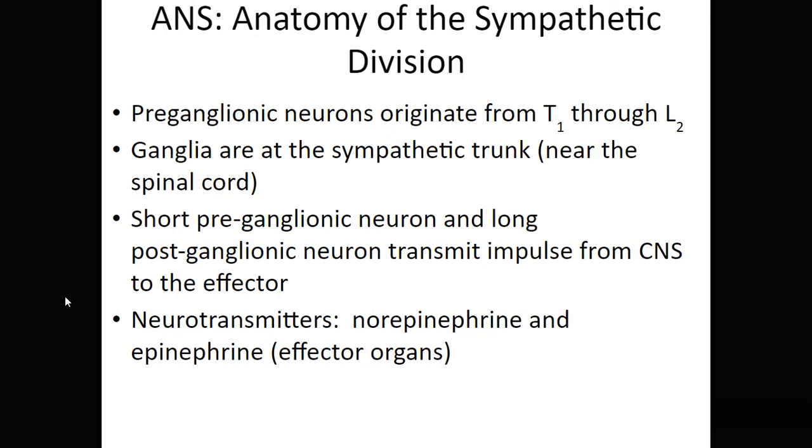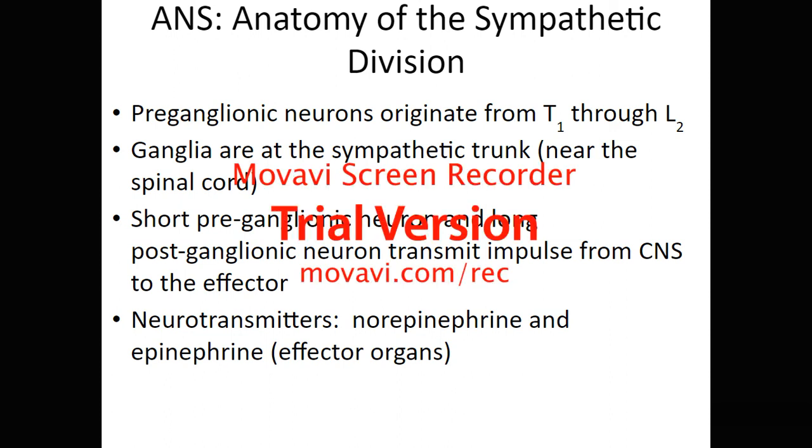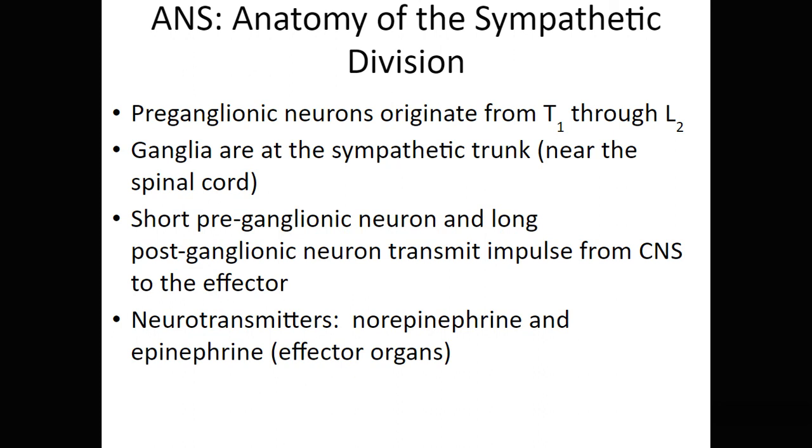All right, so the anatomy of the sympathetic division. You have your preganglionic neurons originating from T1 through L2. Ganglia are at the sympathetic trunk near the spinal cord.